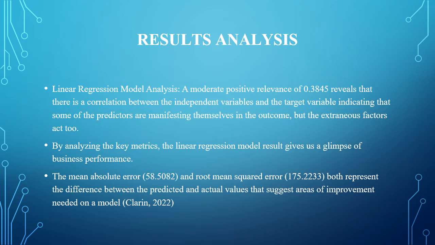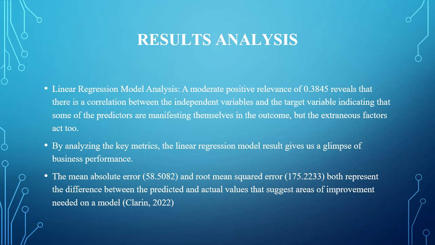Result analysis. The linear regression model shows a moderate positive coefficient of 0.3845, indicating a correlation between the independent variables and the target variable, suggesting that some product factors manifest themselves in the outcome, but external factors also act.